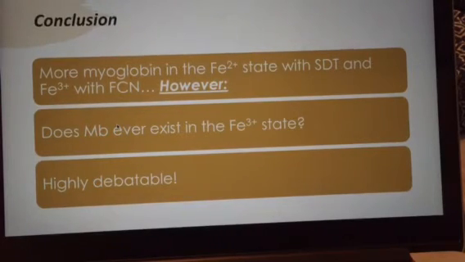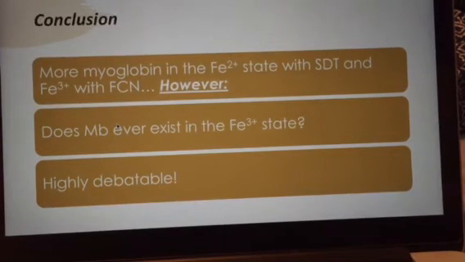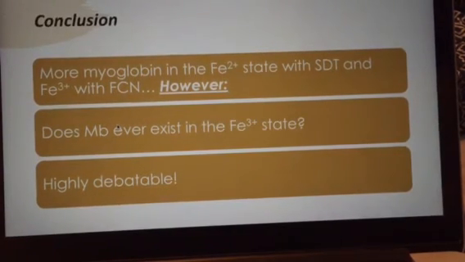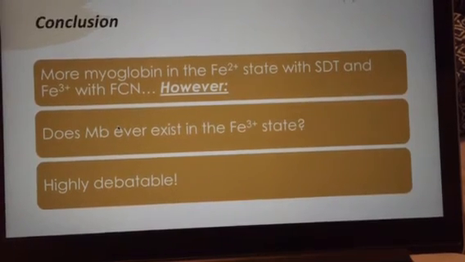However, there is a lot of controversy over whether iron actually reaches the Fe3+ state. There is the argument being made that it only reaches an Fe2+ state in intermediate spin. So this is something that we could look to cement further in the future.